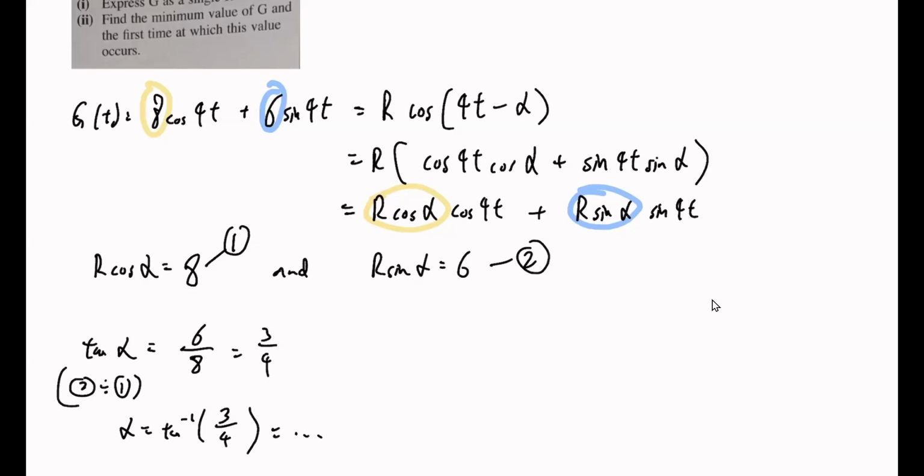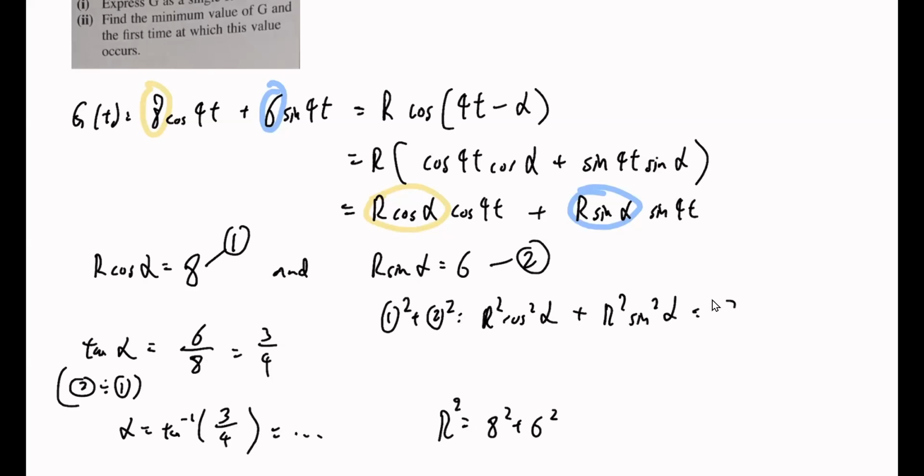Type in a calculator. Then r squared equals 8 squared plus 6 squared. If I show the full reasoning, it's 1 squared plus 2 squared, which is r squared cos squared alpha plus r squared sine squared alpha equals 8 squared plus 6 squared. Factor out the r squared, you get cosine squared alpha plus sine squared alpha inside the bracket.